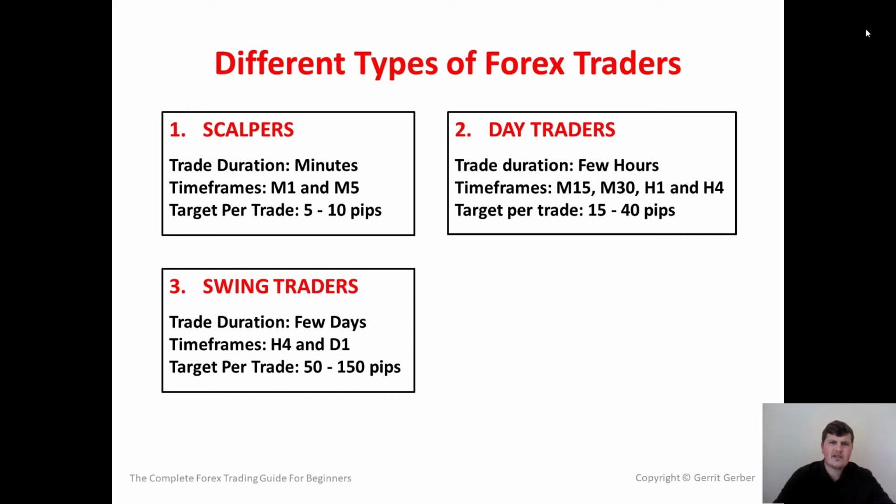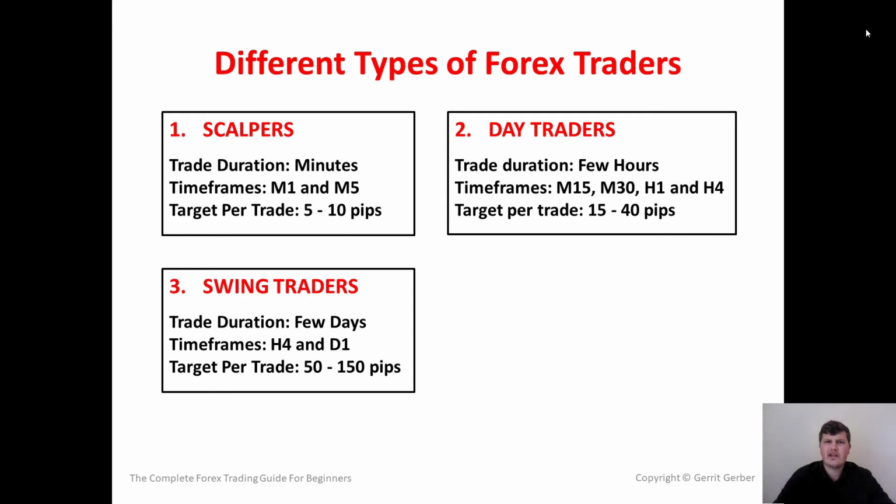Now, swing traders are more comfortable with staying in trades for a number of days to a week or two, and they tend to look at the bigger picture, the bigger time frames, the overall market direction in the long term. And for me, personally, I'm a swing trader.